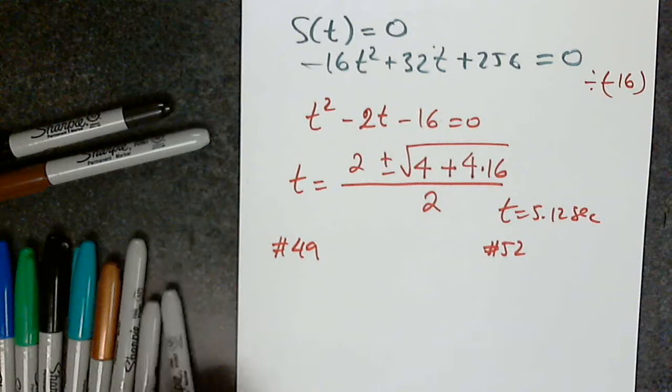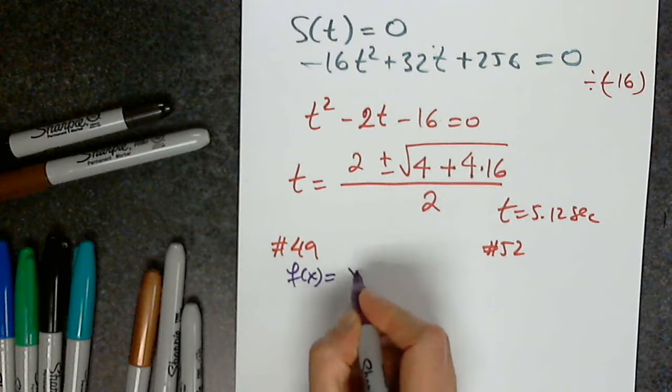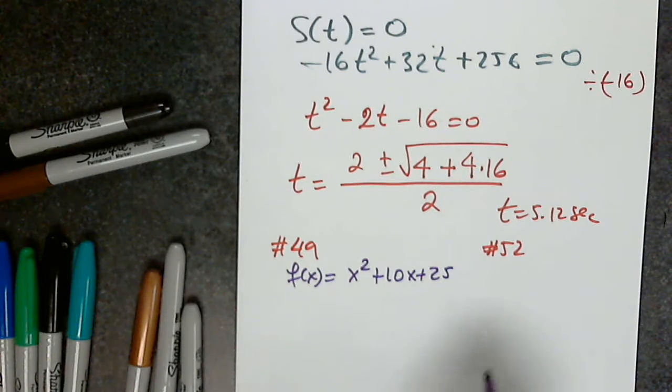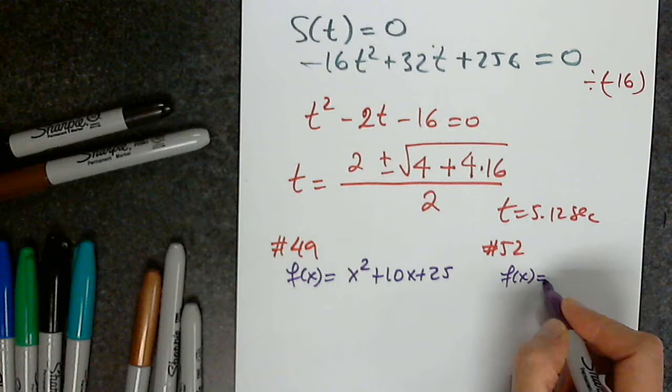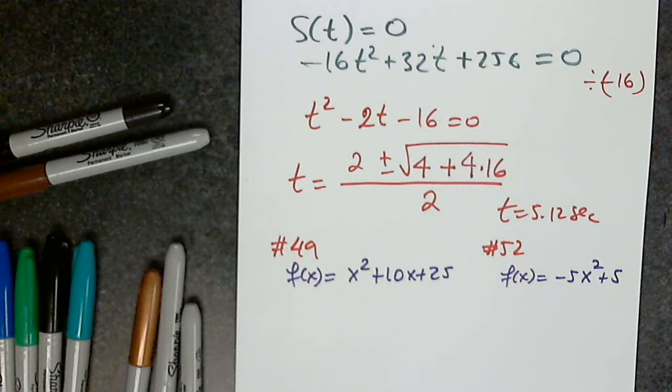So here's 49. We're asked to graph. Both of them are graphing. X squared plus 10x plus 25. And the other one is f of x equals negative 5x squared plus 5. Same steps from before.